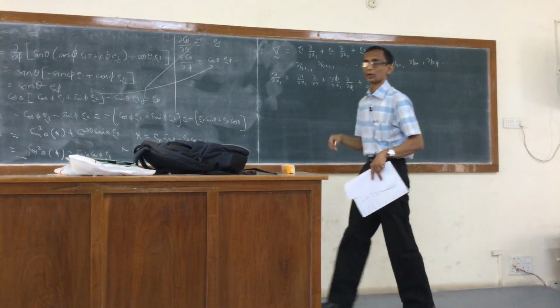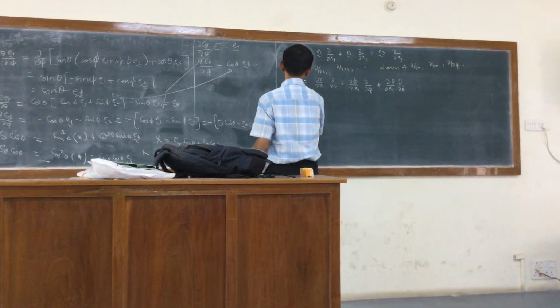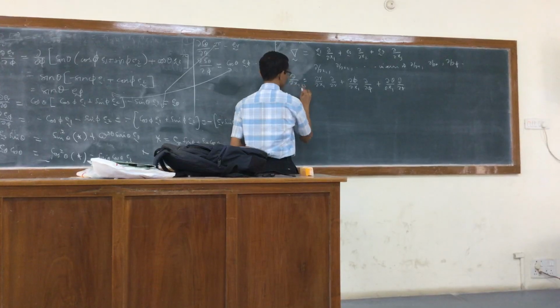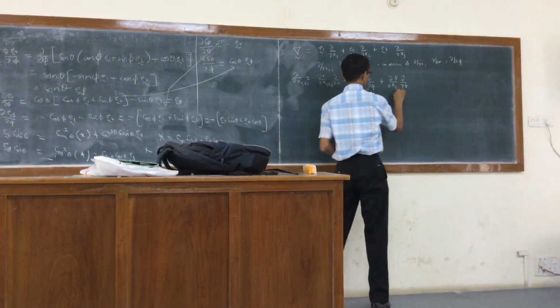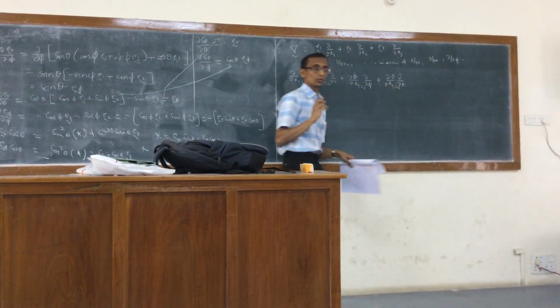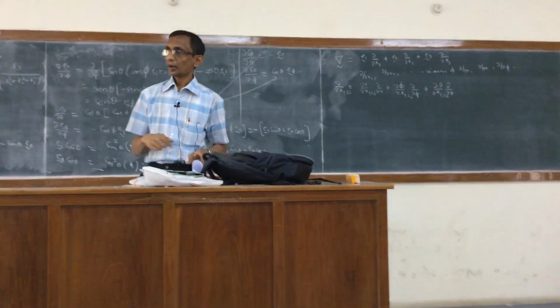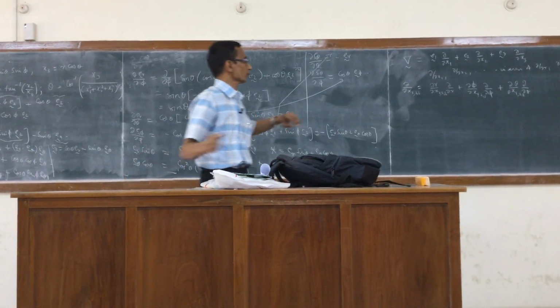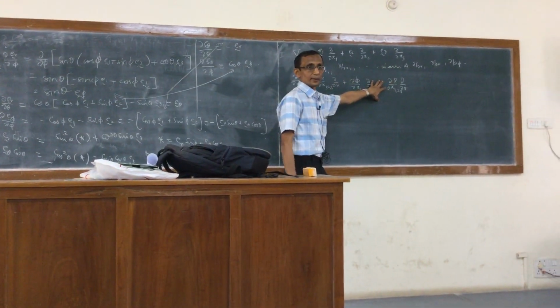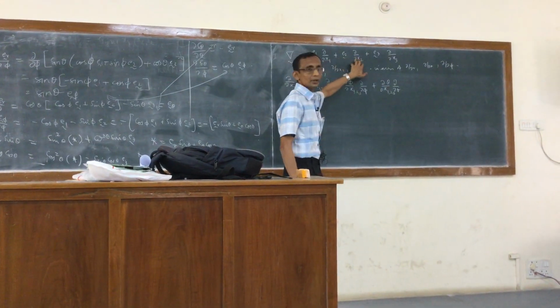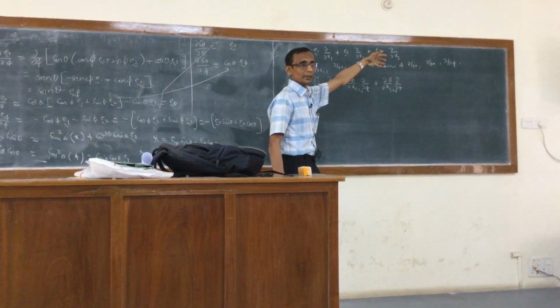And similarly for 2 and 3, I can change x1 to x2. So if I know how to do it for one, I know how to do it for all the others. So what I do is calculate d by dx1, express it like this, and simply substitute it here, similarly for d by dx2.